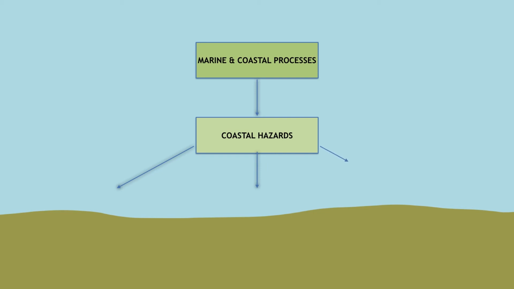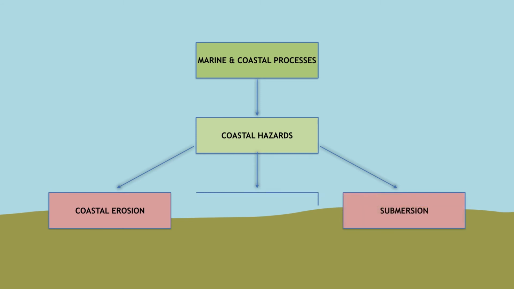Below it are processes such as waves, tides, sea level change, storm surge, and crustal movement. These processes have environmental effects that may result to coastal hazards such as coastal erosion, saltwater intrusion, and submersion. Did you get it?